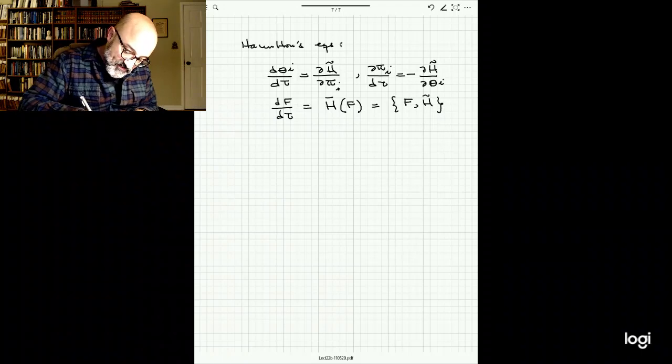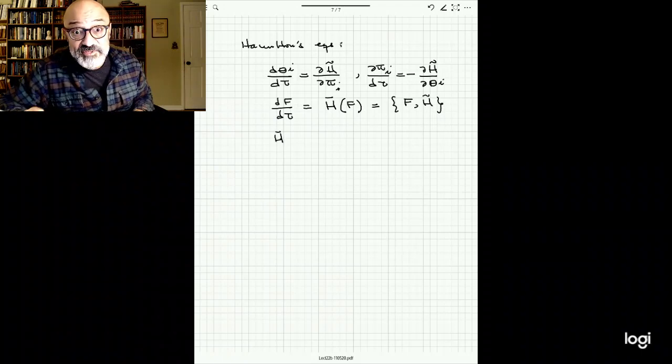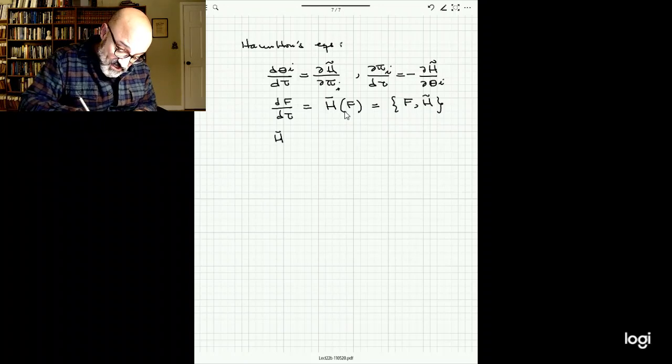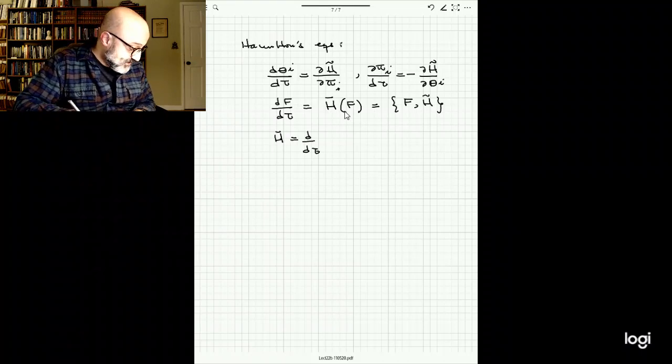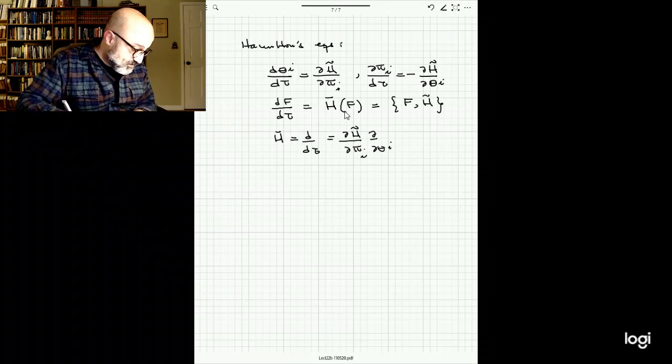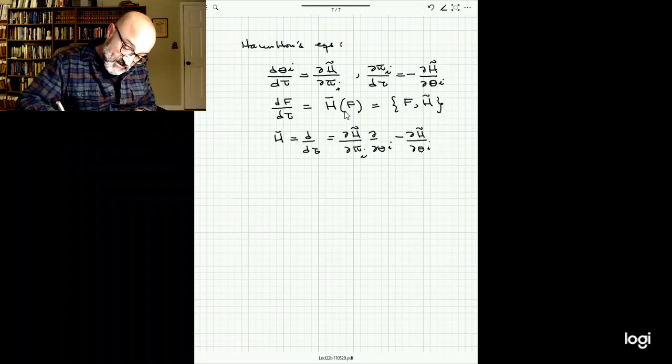And the vector, in physics we never talk about the Hamiltonian vector, but clearly there is a vector. The vector h is d d tau. And that vector is just going to have components. The components are going to be the derivatives of h with respect to pi, with basis vectors d theta, minus components with basis vectors d pi.